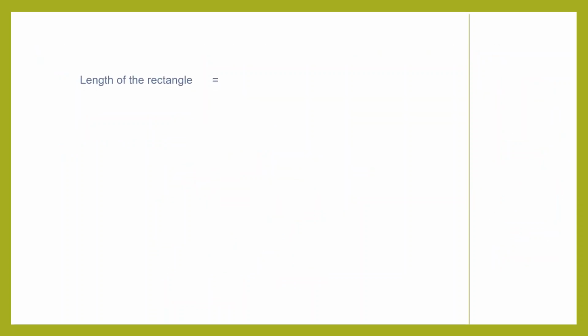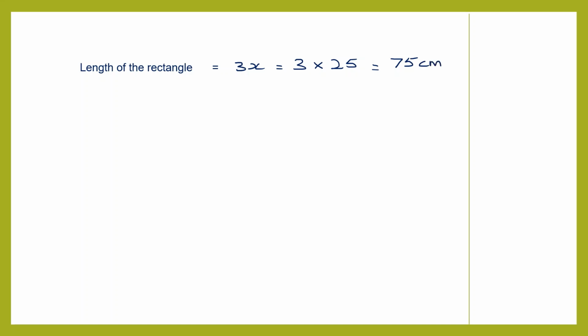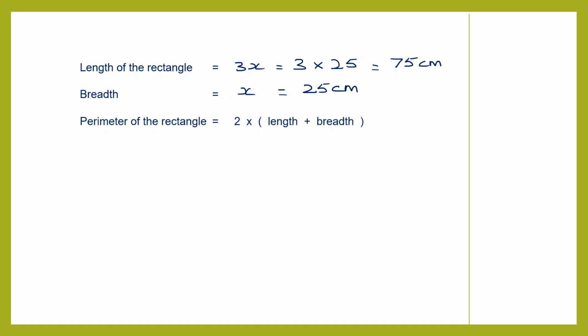Now here the length is 3x. That means 3 into 25, and 25 threes are 75 centimeters. Now the breadth we said will be x, and x we know is 25, so we have 25 centimeters. Now we can find the perimeter of the rectangle using the formula 2 into length plus breadth.